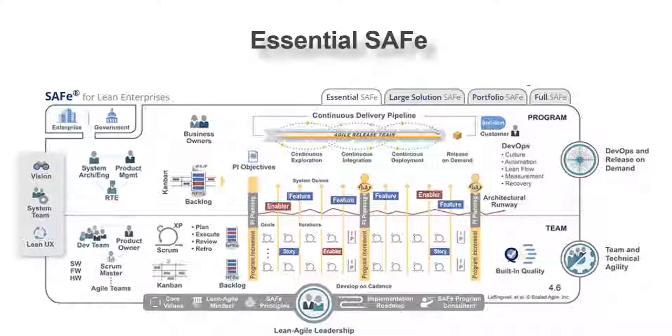What is necessary to understand is that if any organization has to get into scaled agile, they can have an essential SAFe configuration in place, and they can start working on the scaled agile.